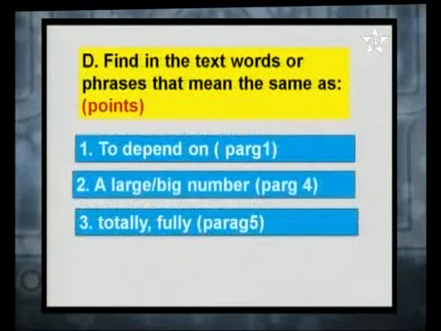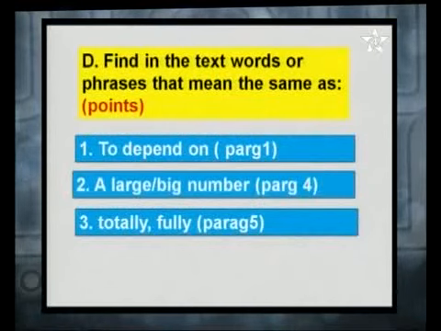And exercise D says, find in the text words or phrases that mean the same as. That is to say, you're going to read the text and find equivalents, synonyms of these words. Never mind, we're going to come back to this exercise when we do focused reading.